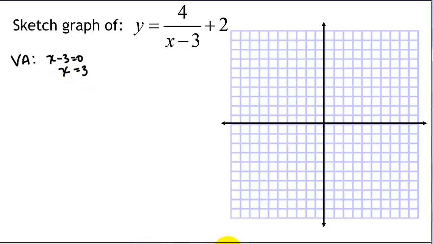So if we draw a vertical line here at x equals 3, I wanted to make that dashed, so let's edit that line here and change that to a dashed line. So here at x equals 3, we have a vertical asymptote.